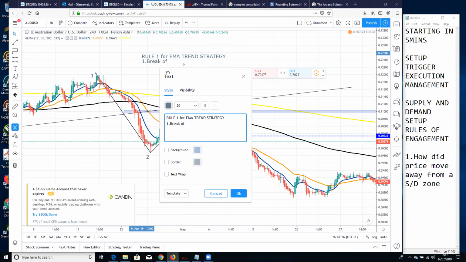Break of a trend line, okay? To draw your 1 to 2, then 2 to 3 setup. 3, break of 2 to 3 as trigger. 4, execute 1 pip below the break of 2 to 3.